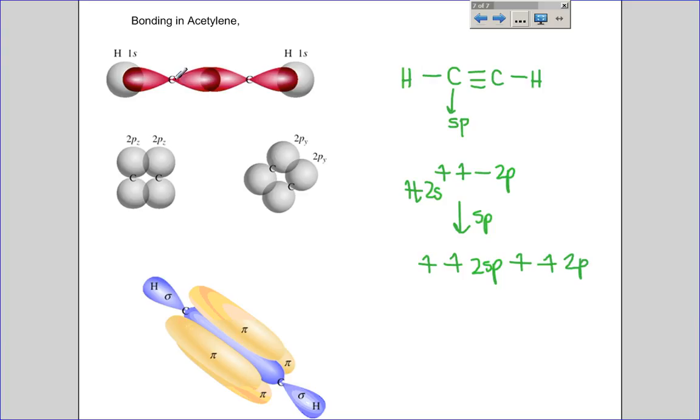So each carbon has this scenario. We've got our sp orbitals, the red ones, going in either direction. And with those orbitals, we can have direct overlap. So I'm going to have a direct overlap with this orbital and with this orbital, to the other carbon and to a hydrogen.